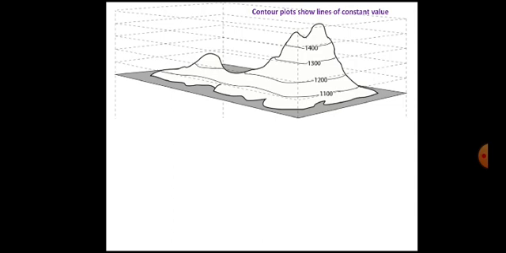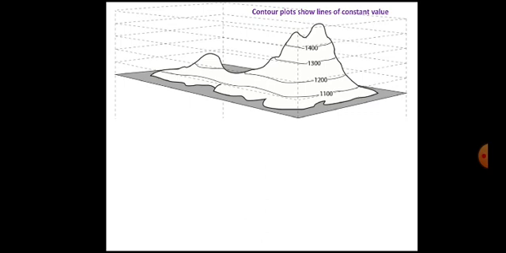We can see here that the height of this hill is divided into equal increments, just like an axis. So we can see the height of this hilly area ranging from 1100, 1200, 1300, 1400, 1500 and so on.